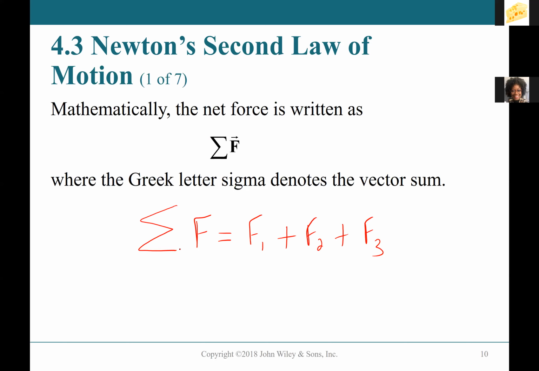Now, all of these are vectors, which means all of these have both magnitude and direction. And we've already learned in chapter 2, and in chapter 1, how to find the components of these vectors. So even though they're vectors, they have components, and we have to use what we've learned already.